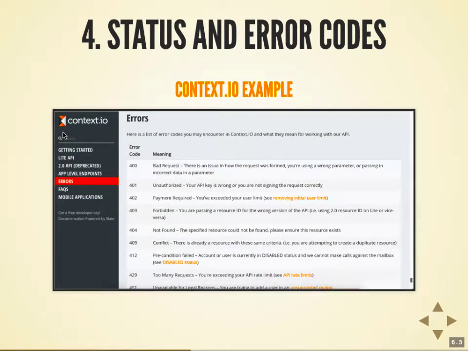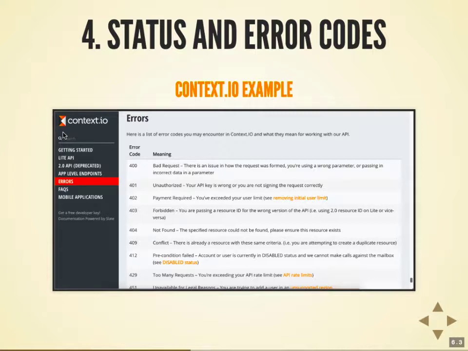Here's an example from context.io where it goes through and it's like, these are the different error codes. And it provides some explanation like 402, payment required, you exceeded your user limit. You know, something that is actually helpful. Even forbidden, you're passing a resource ID for the wrong version of the API.